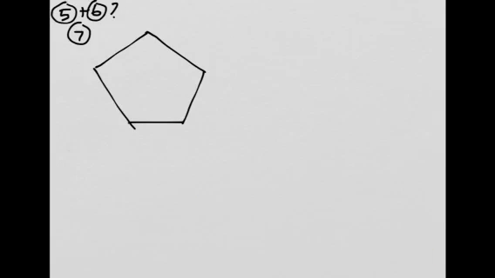Question 5 and 6 have disappeared. So question 7, find the area of this pentagon. So if you split the pentagon up into 5 regular triangles, then that should allow you to work out what the size of one of these angles in the middle is.